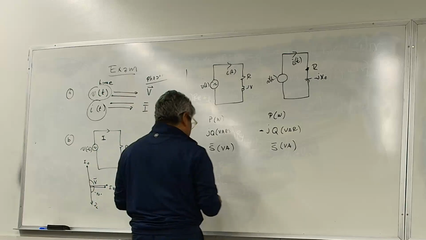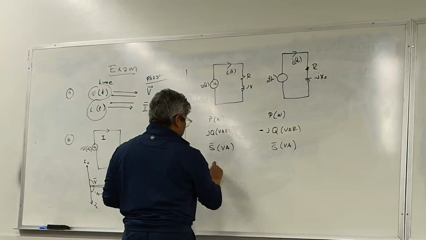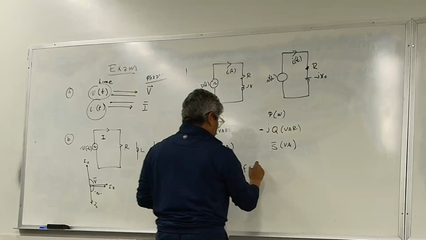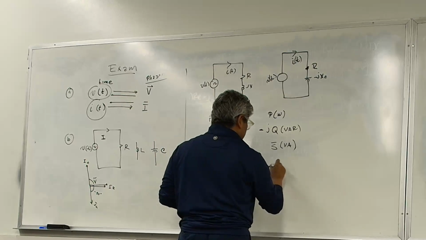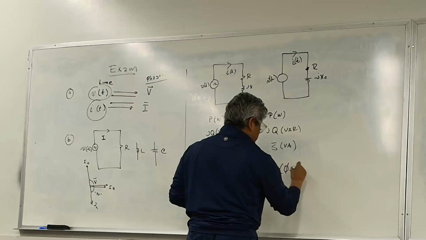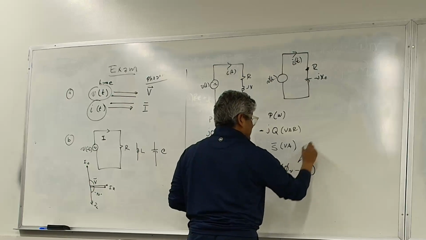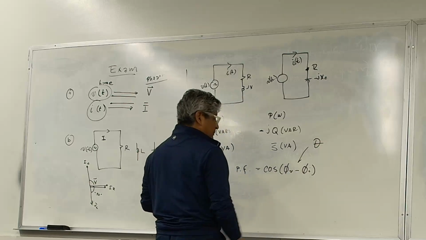In addition to that, you should be able to find the power factor, which is equal to the cosine of the voltage angle minus the current angle. Remember, we call this theta, just your phase angle.